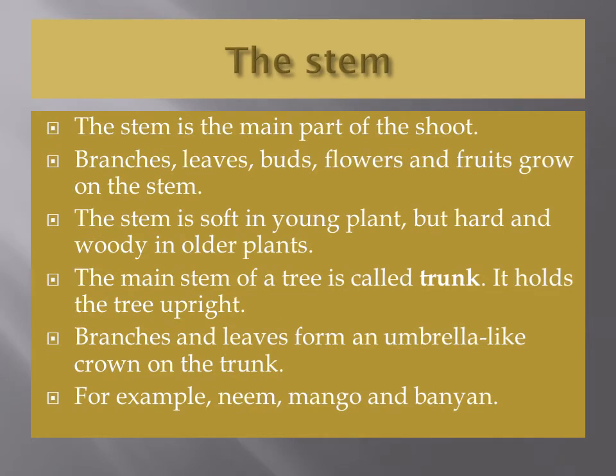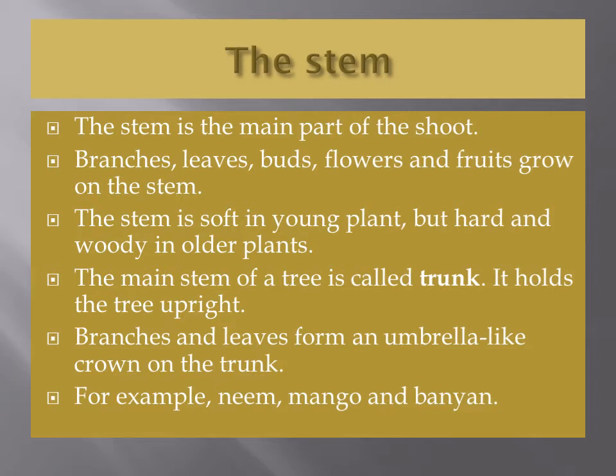The stem. The stem is the main part of the shoot. Branches, leaves, buds, flowers and fruits grow on the stem. The stem is soft in young plants but hard and woody in older plants.